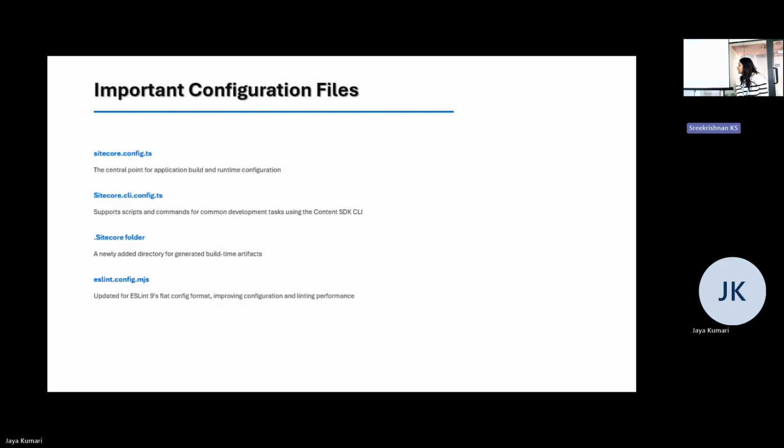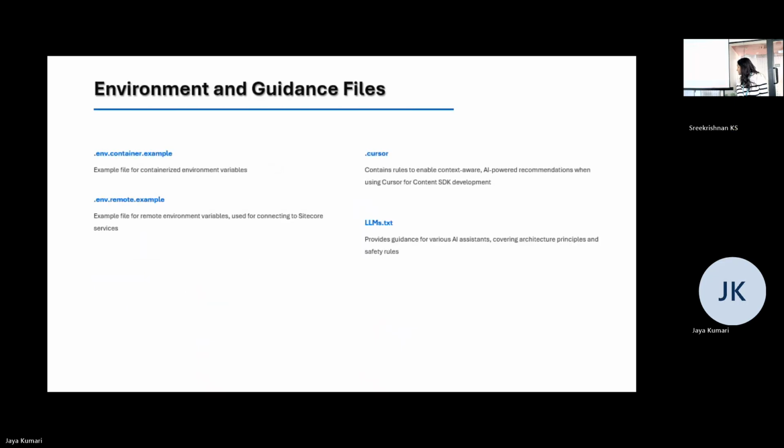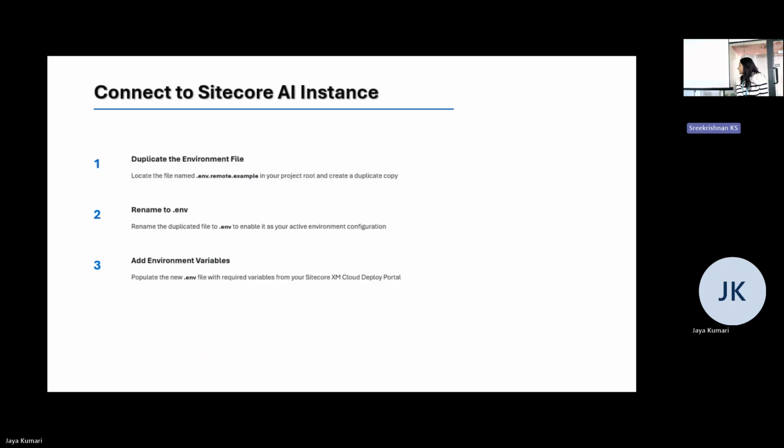They have included this in the latest release, 1.2.1, so that they provide linting support, and we can upgrade. It was 8 before, now it is 9. I have already explained what these files are, how they are beneficial for us, and what their purpose is.